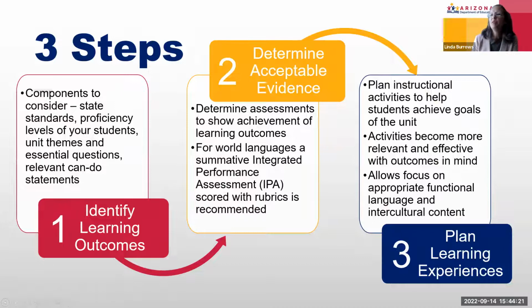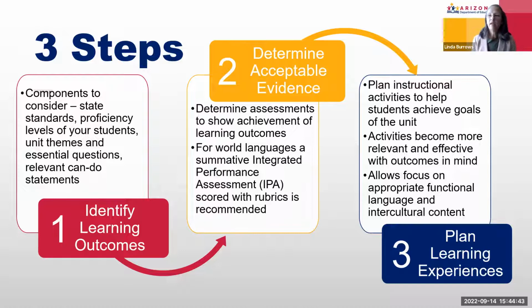Like I mentioned before, there really are just three steps to backwards design, and this does come from the Ohio Department of Education. I also took a little bit from the University of Colorado World Language Department. The first step, identifying the learning outcomes, has components to consider.